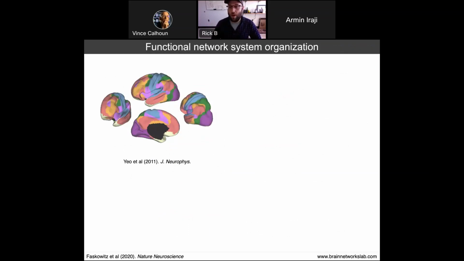In this paper, they derived, depending on who you talk to, 7 or 17 clusters. These clusters are so ingrained in cogneuro and human imaging now that they have names. There's a purple visual cluster, limbic, default mode network, an attention network, motor, control, another attention network. These are names that we've ascribed to them that are functionally evocative, by the way. They tell us something supposedly about what these systems do functionally.